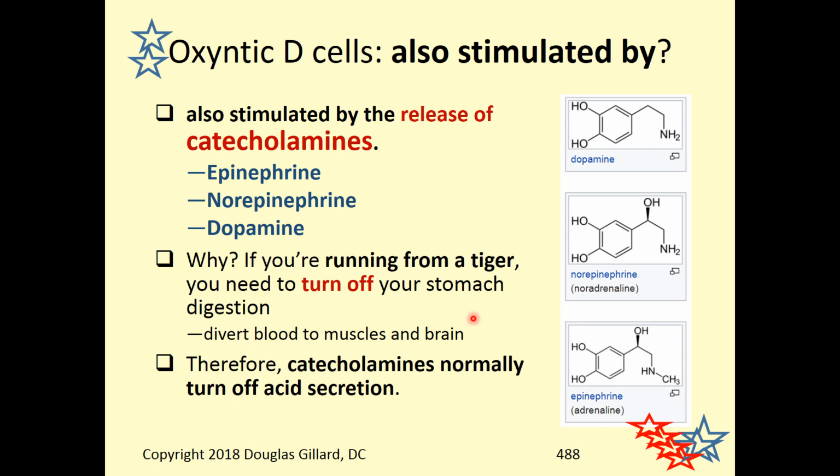If you're running from a tiger, you don't want acid. You don't want your machinery. Remember, that's an ATP powered event to make acid. We want to save all the ATP for the muscles and brain to get away from the tiger. So D cells are activated by catecholamines. That's oxyntic D cells.